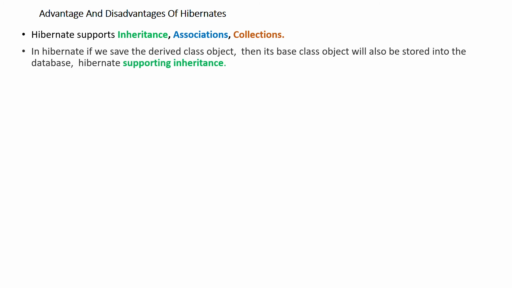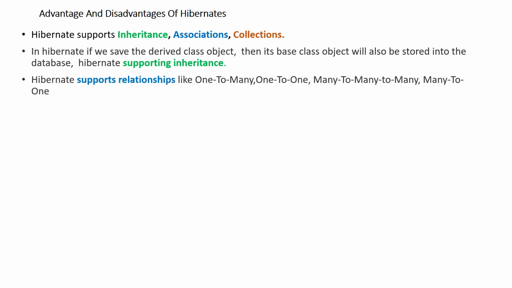So we'll see the advantages and disadvantages. Start with the advantages. Hibernate supports inheritance, associations and collections. In Hibernate, if you want to save a derived class object, then its base class object will also be stored in the database. That means Hibernate supports inheritance.